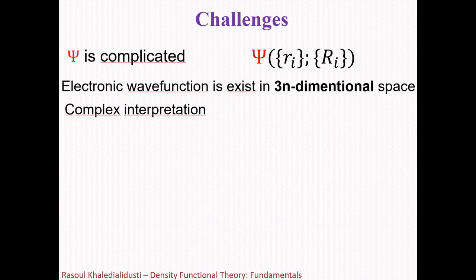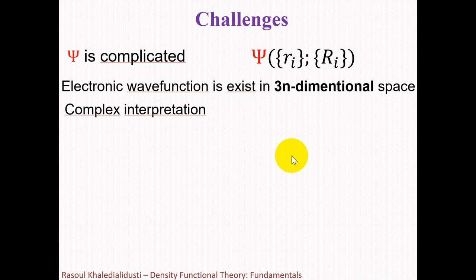So let's talk about the challenges of solving the many-body Schrödinger equation. The generic wave function psi is complicated. There are three coordinates. Well, we can, of course, consider four coordinates if we take a spin for every single electron.